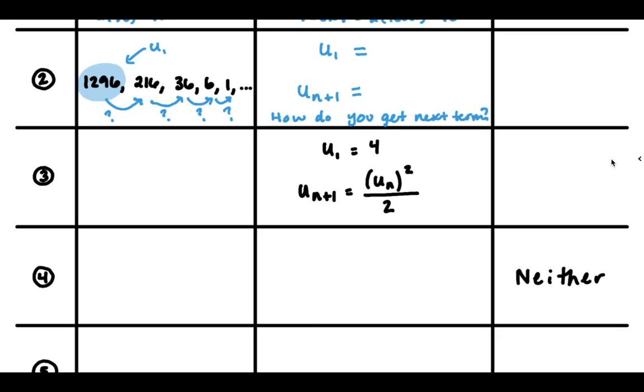So look for the pattern. You might see it a little easier in these. Once you have that pattern, if you're struggling with the rule, I would always recommend saying it in now next form. Say next equals something, and then you can translate it into the symbols. Okay, so that's it for number 2.